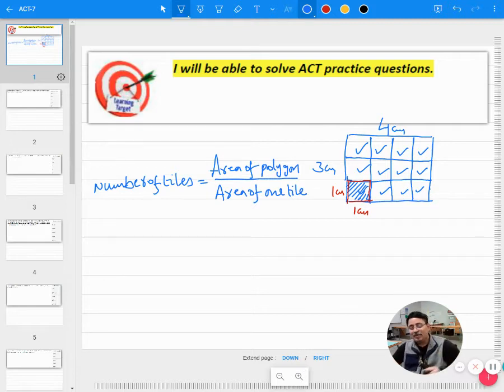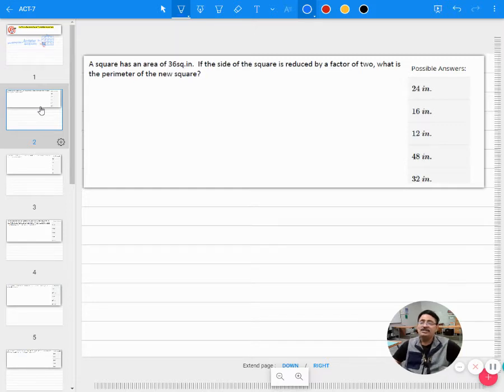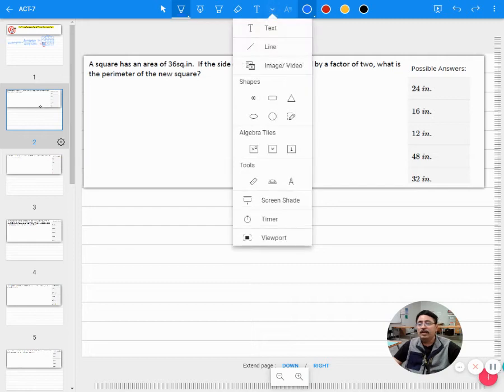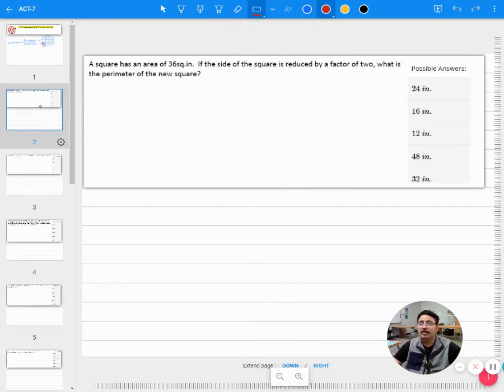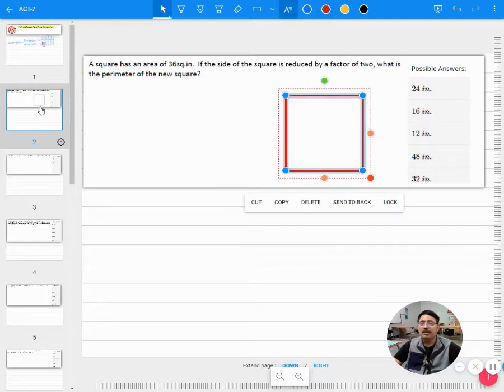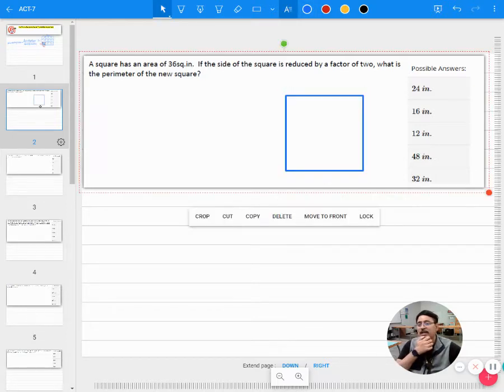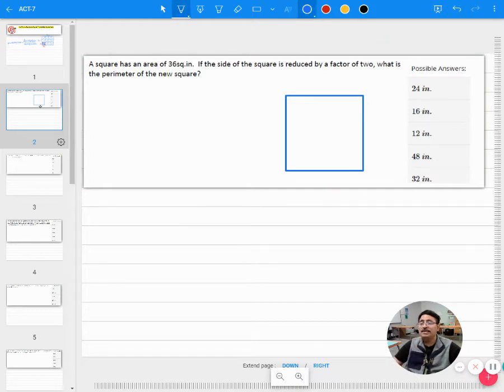Now let's quickly jump to the first question for the day. A square has an area of 36 square inches. If the side of the square is reduced by a factor of 2, what is the perimeter of the new square? So let me draw a square. There is a square. The question says that a square has an area of 36 square inches.